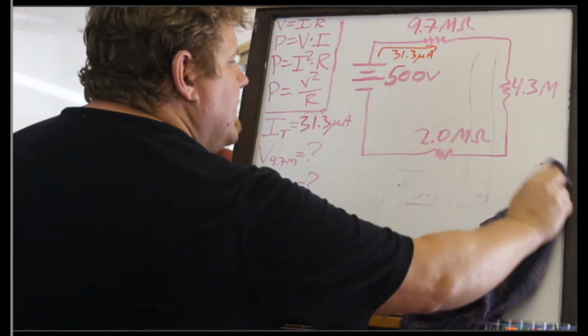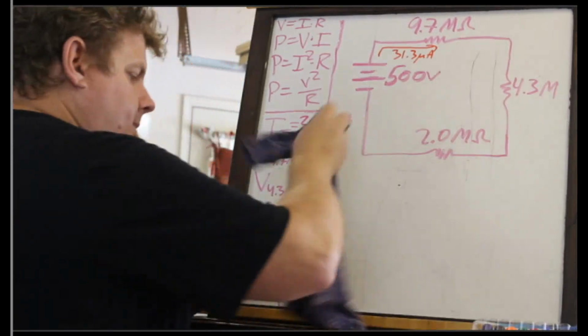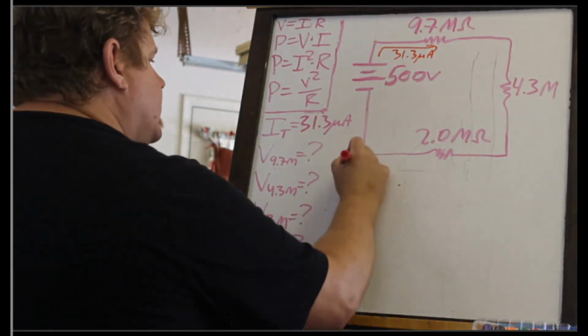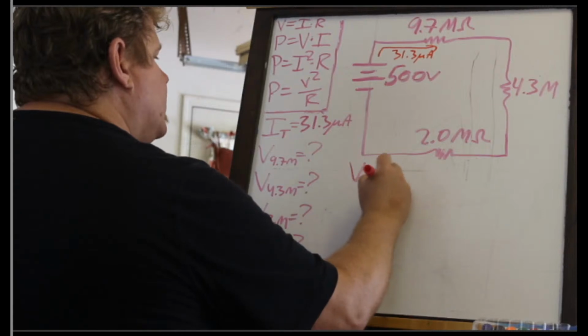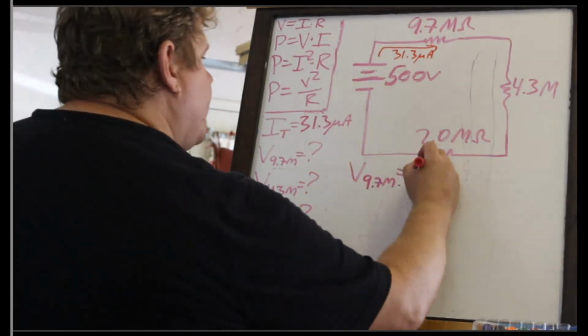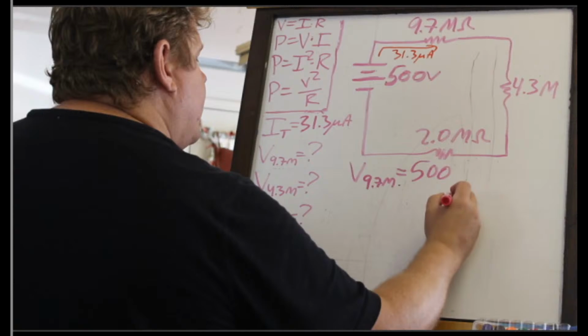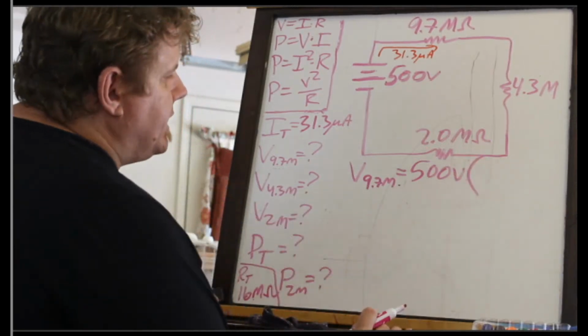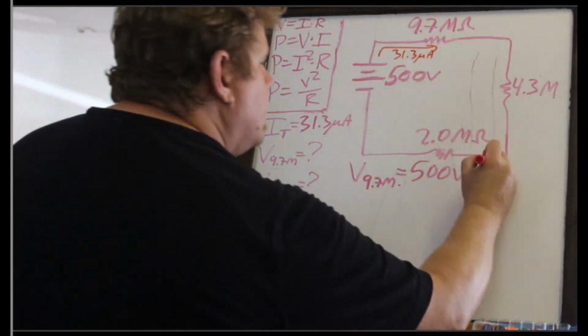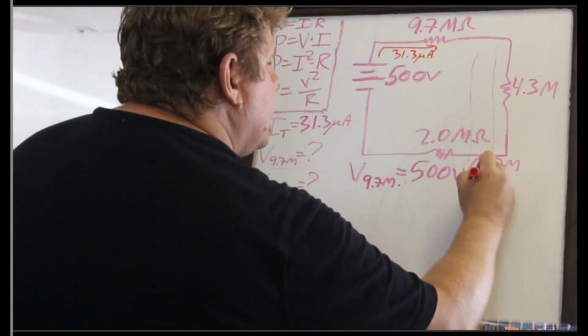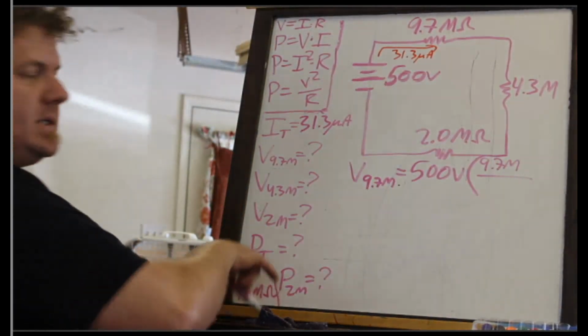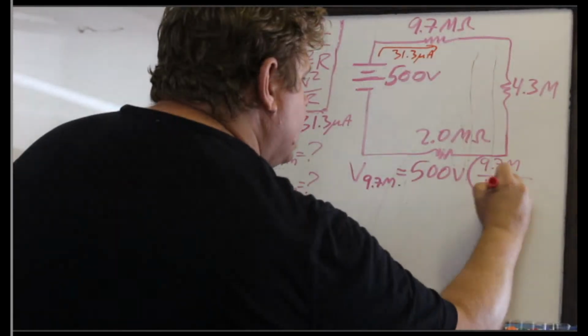Now I'm going to find the individual voltages using voltage division. So the voltage of the 9.7 meg equals the total source voltage, 500 volts, times the ratio, the individual 9.7 meg over the total 16 meg.